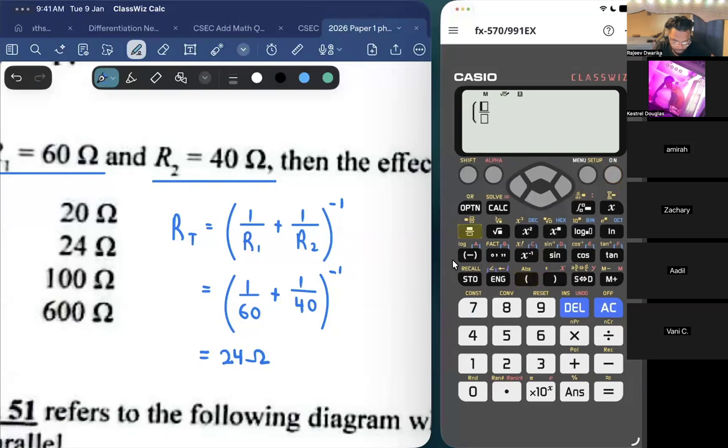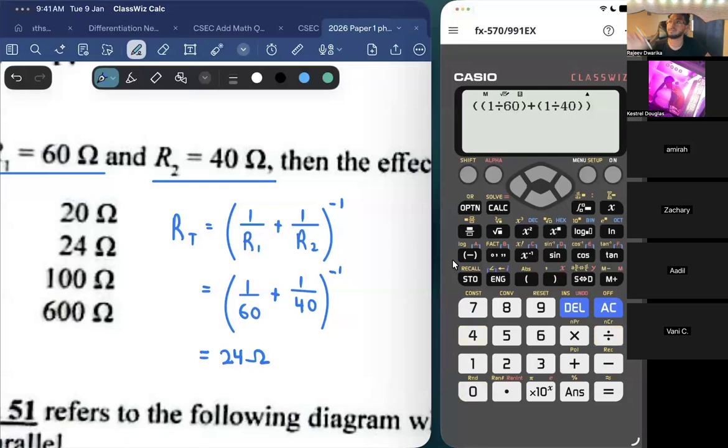Open bracket, fraction button, 1 over 60 plus fraction button, 1 all over 40, close bracket, x to the power, and I put -1, 24. If you have a Sharp calculator, you'll have to work it like this. Open bracket, another open bracket, 1 divided by 60, close bracket, plus open bracket, 1 divided by 40, close bracket, close bracket.